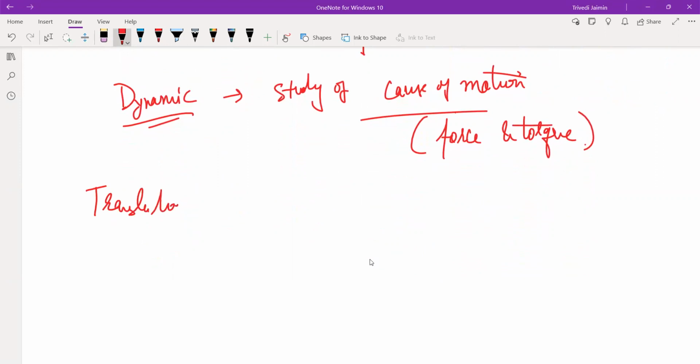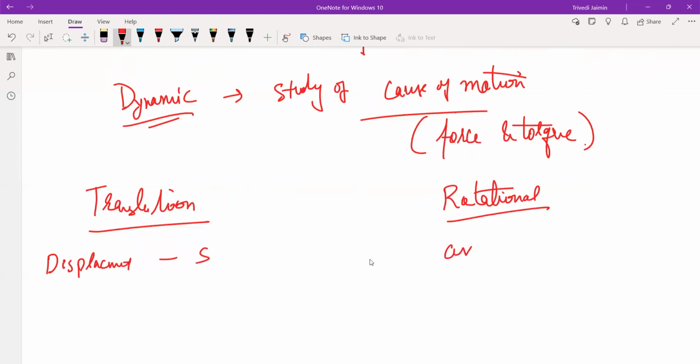Translatory motion or translation, and rotational. Displacement was s or x; here, rotational, angular displacement theta.